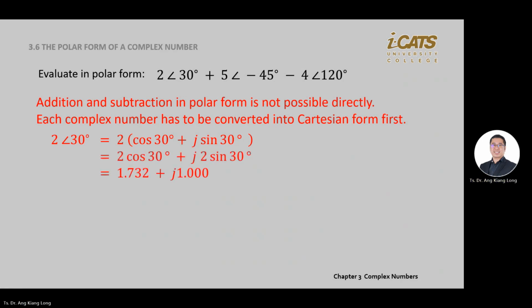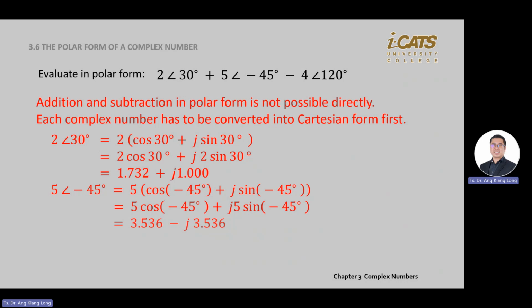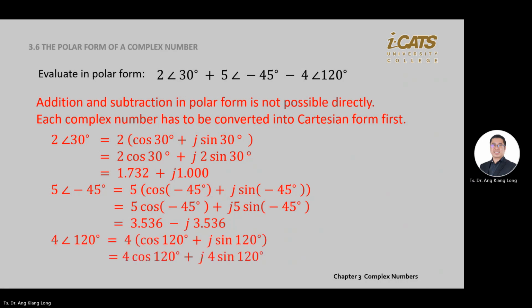You can either maintain this, or you can straight away do this. Then you do the same for the second one and third one. The second one, 5 angle negative 45, you get 3.5 minus j 3.5. For 120 degrees, at the end you will get minus 2 and j 3.4.